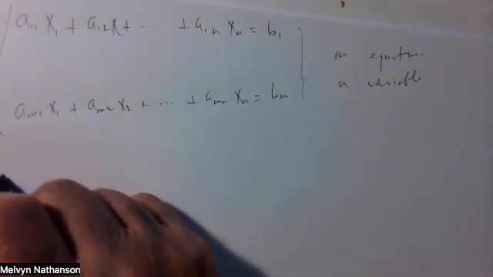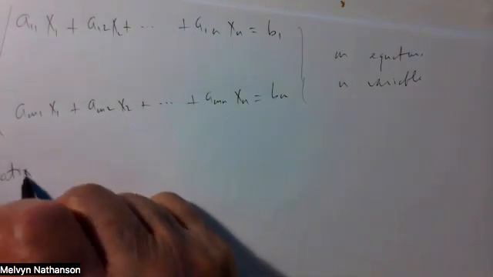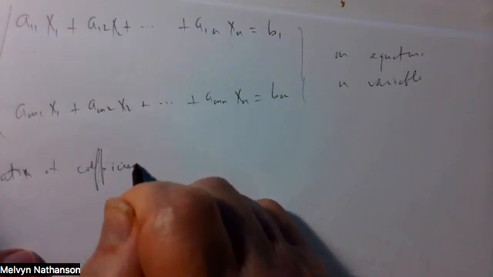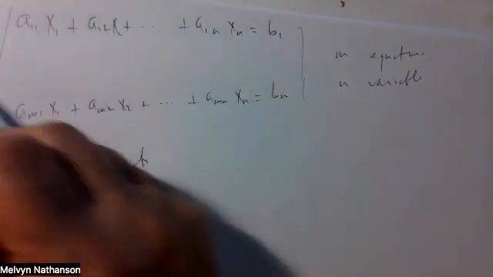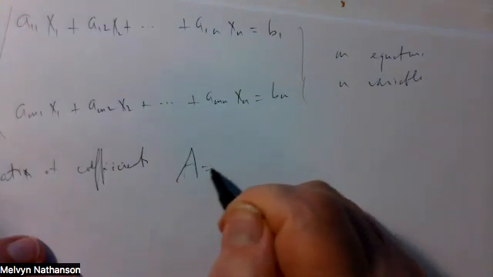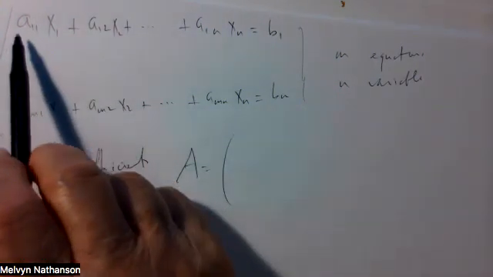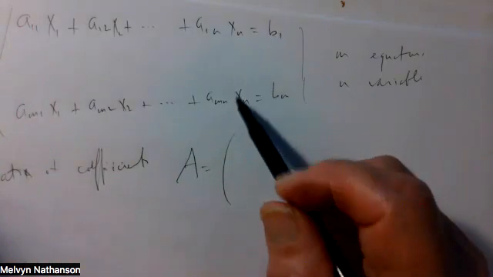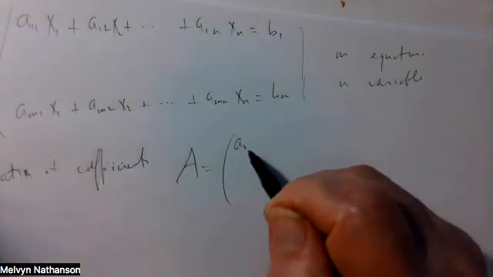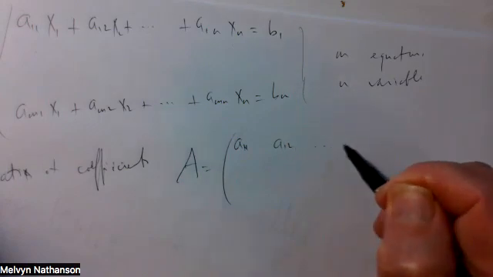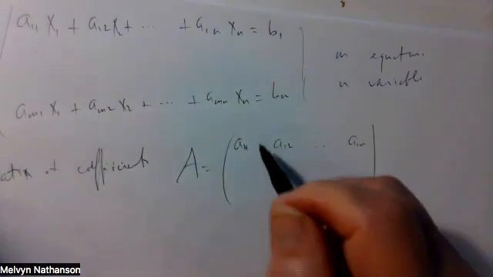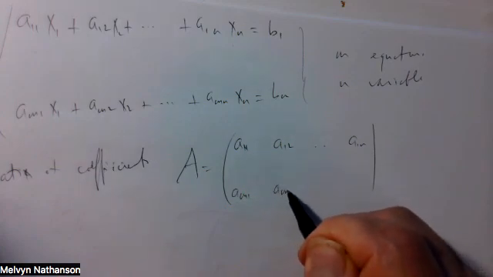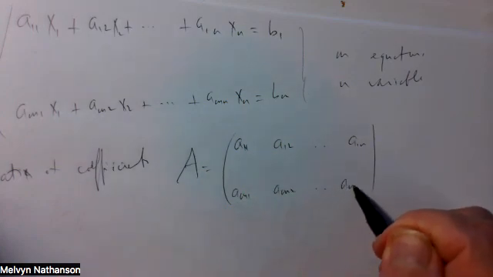You can take the matrix of coefficients of the equations, call it A, which gives you the rows of the matrix: A11, A12 up to A1n, all the way down to Am1, Am2, Amn.